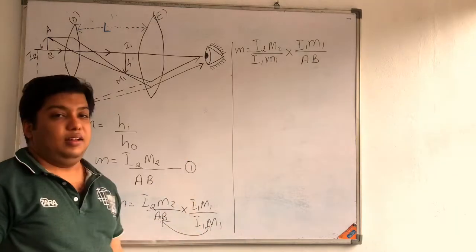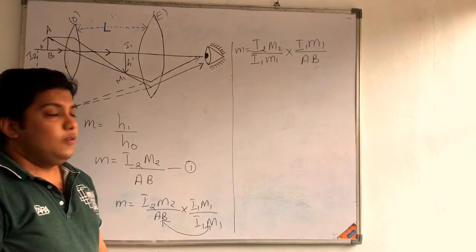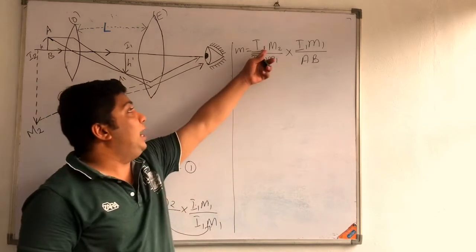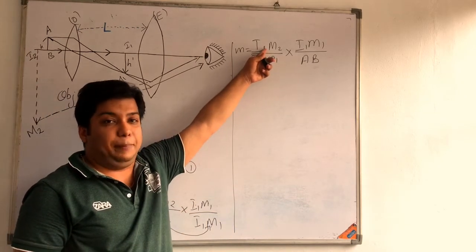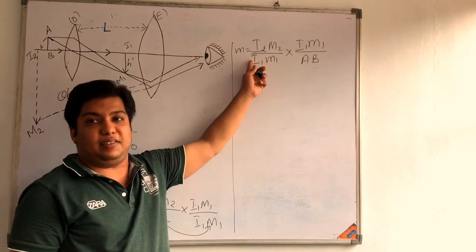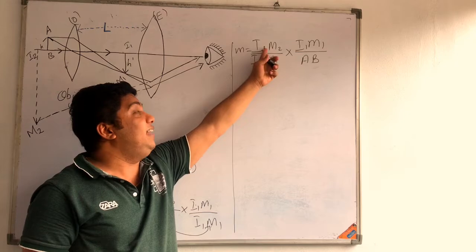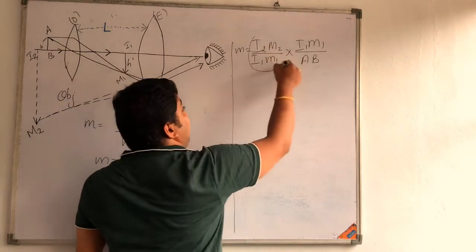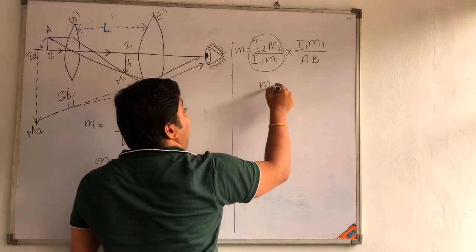From this equation, it is clear that I2M2 is the image of the eyepiece lens and I1M1 is the object of the eyepiece lens. So image height divided by object height is nothing but the magnification of the eyepiece lens.